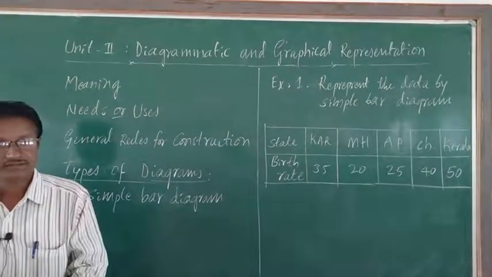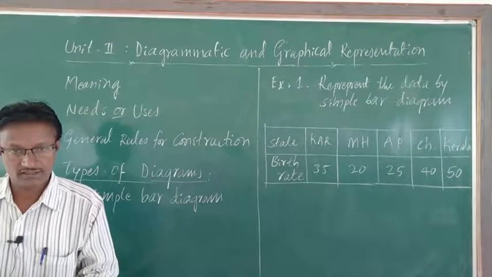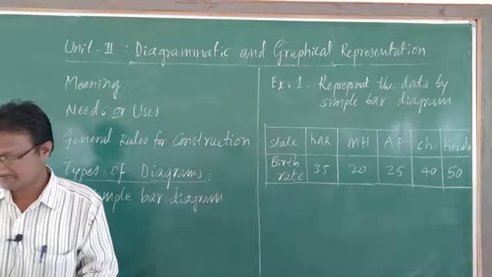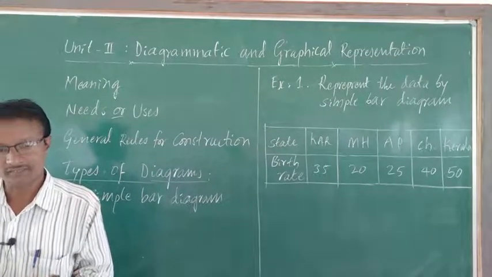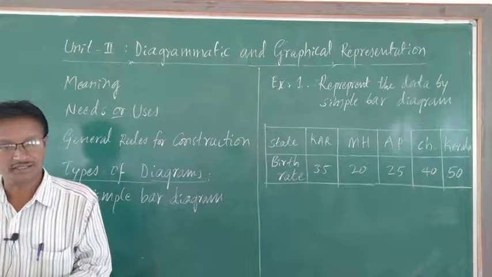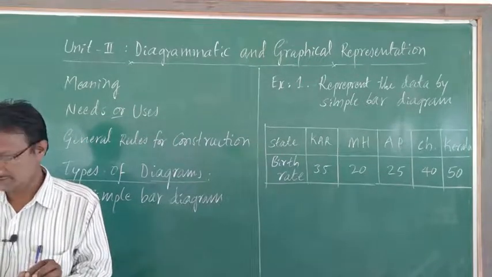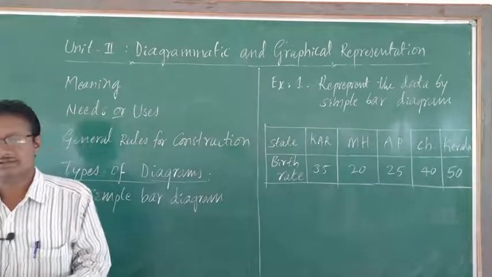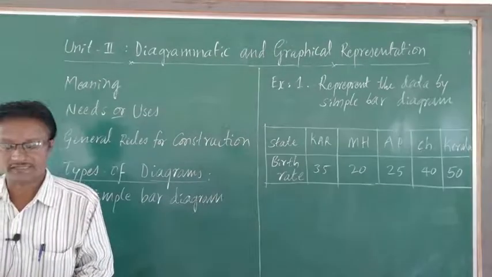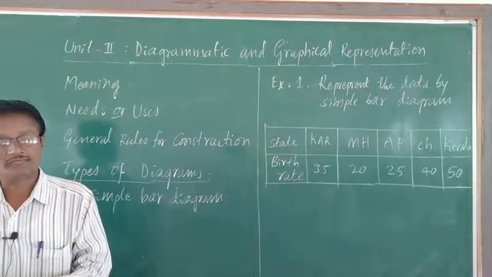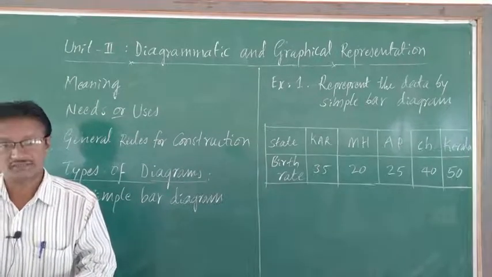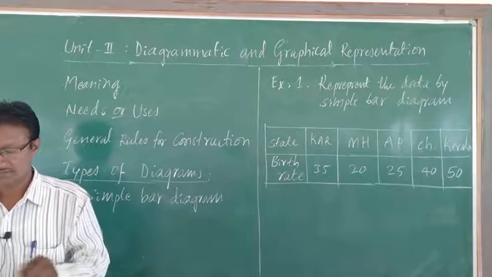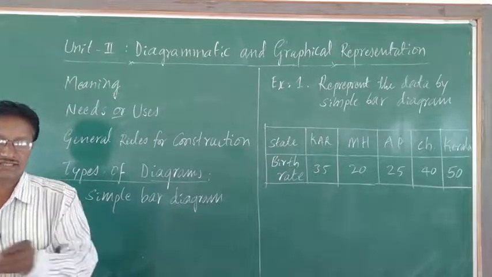Here, the items are represented by rectangular bars of equal width and height proportional to their magnitude of the data. The bars are drawn on a common baseline with equal distance between consecutive bars. The bars may be shaded. Let us take an example.